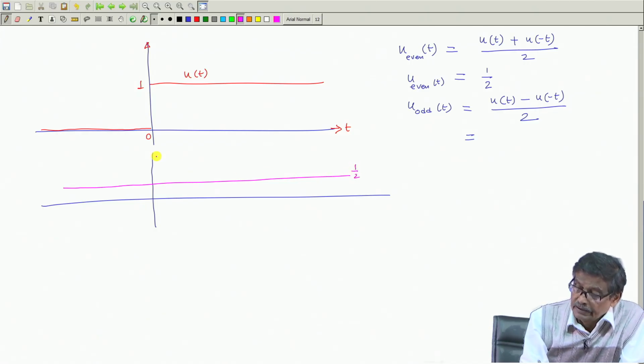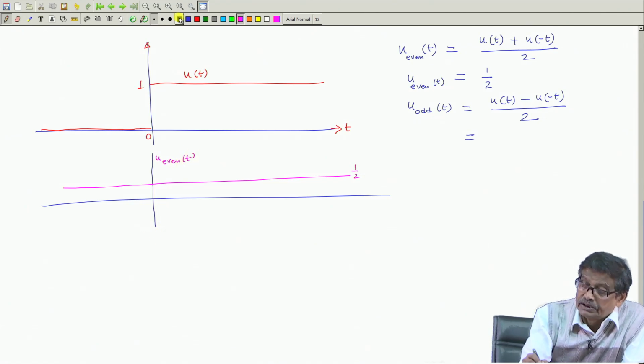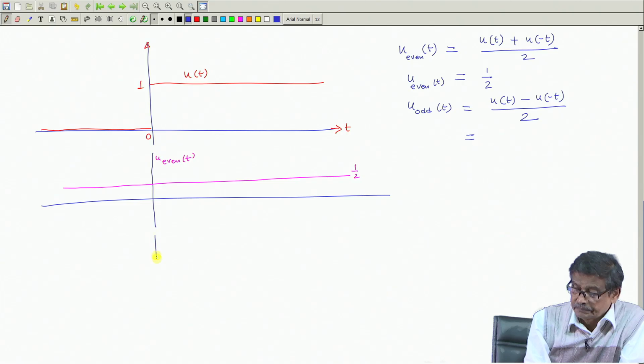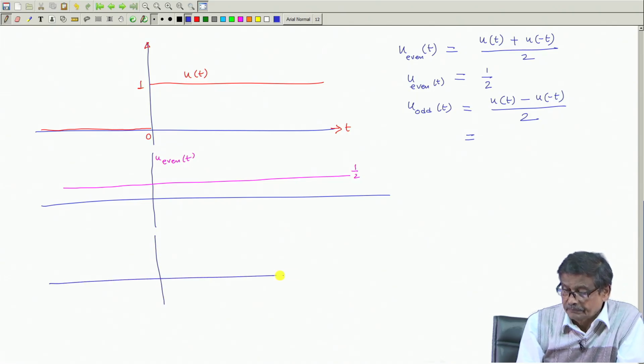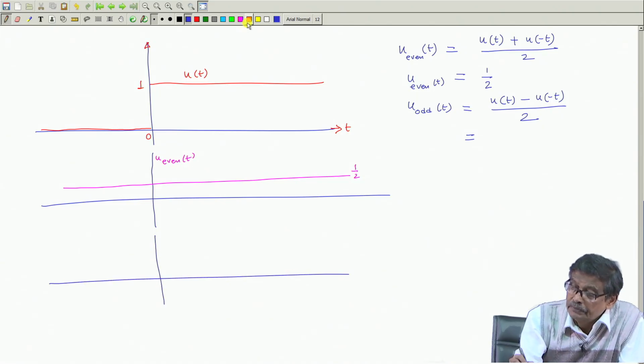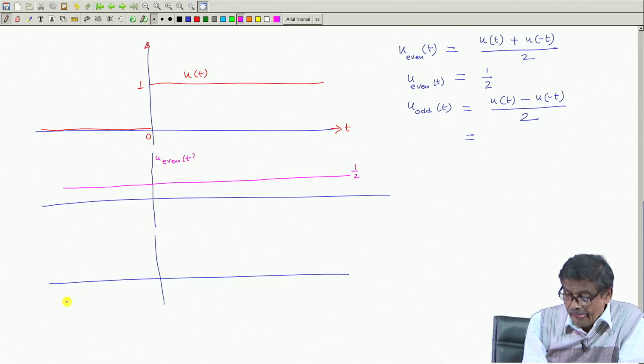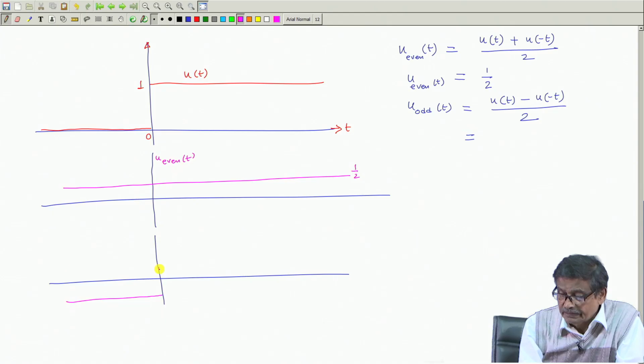This is u even(t), and u odd(t) will be equal to minus half here and plus half here.